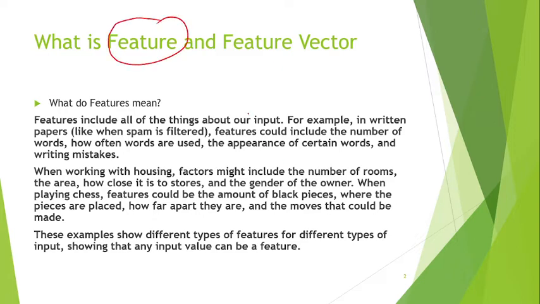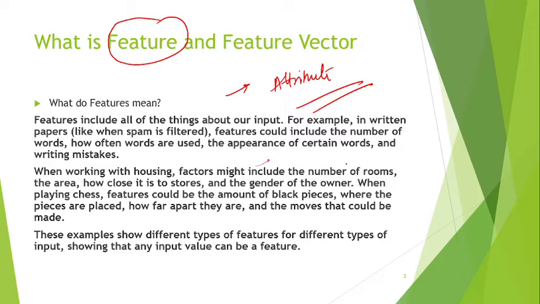A feature is nothing but an attribute which specifies the thing. If you take a house, how many rooms are there, how many bathrooms are there, what is the size of a room, where it is located, and everything.